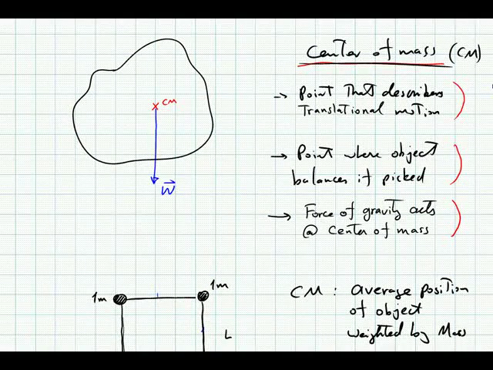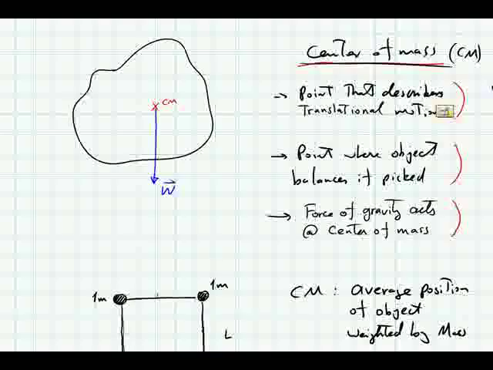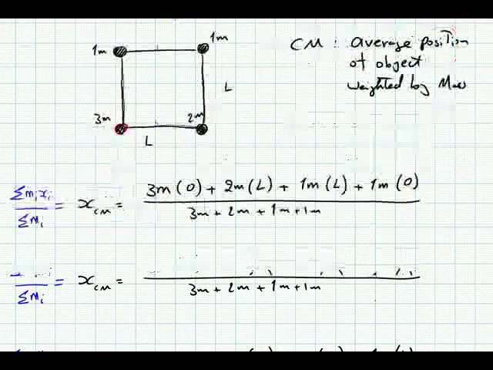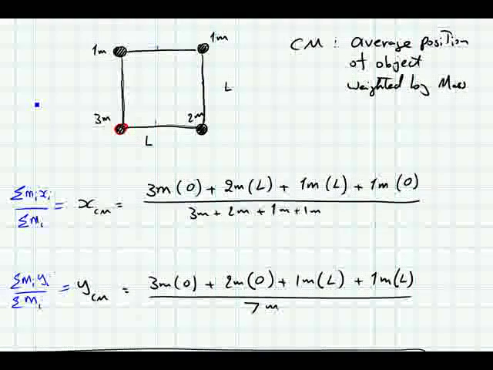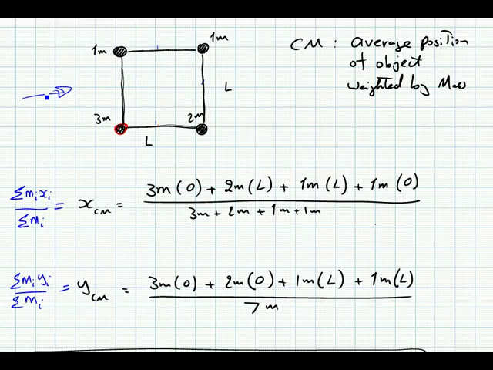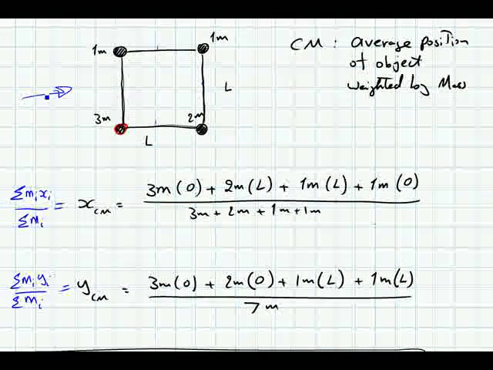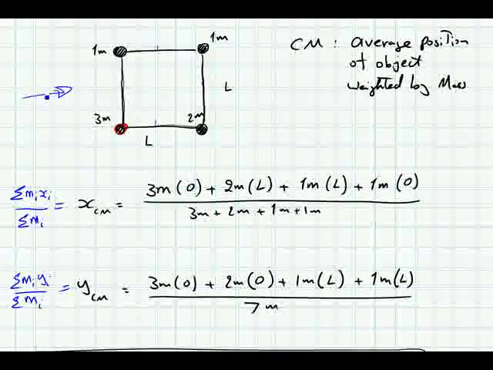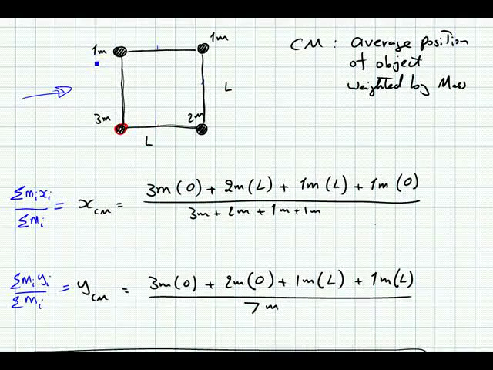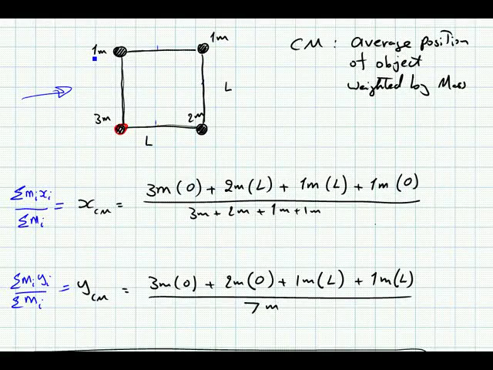Now, how do we go about calculating the center of mass in the case of an extended body? Well, if here I have an extended body, it is made up of 4 discrete objects, whose masses are 1m, where m is the unit of mass.